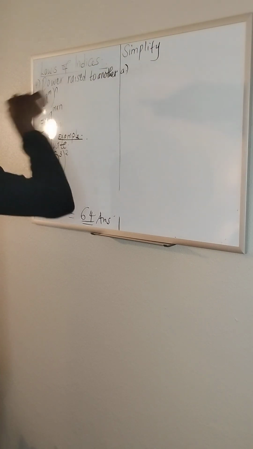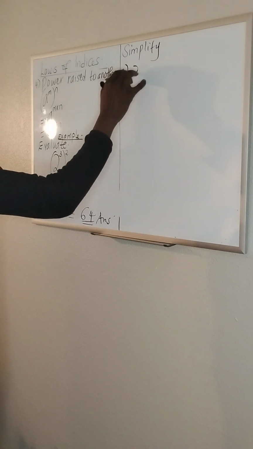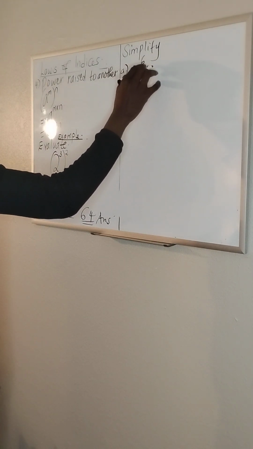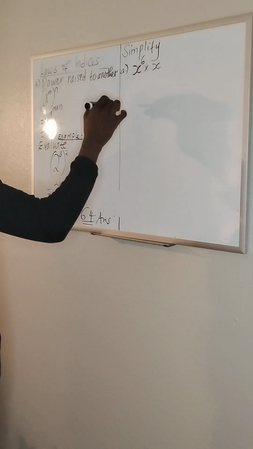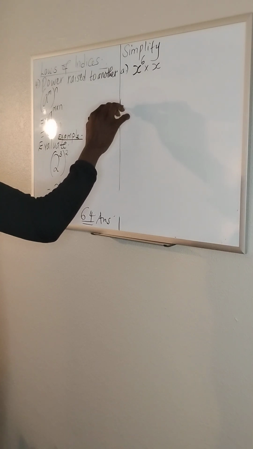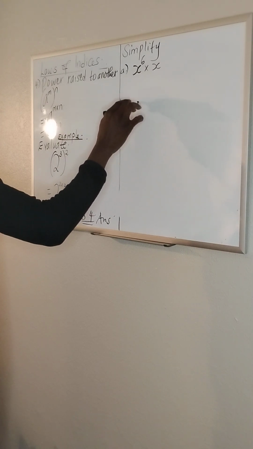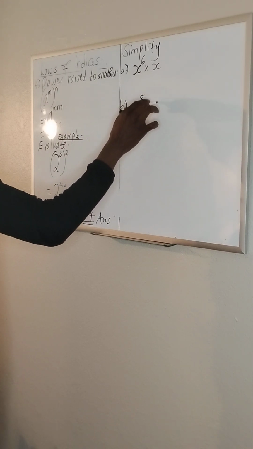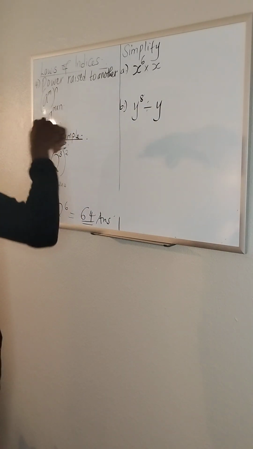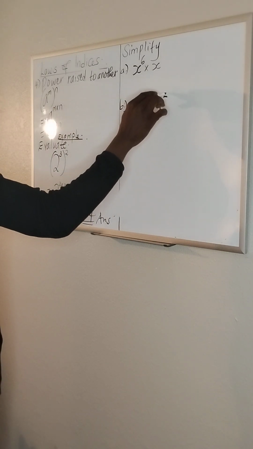The first question, A: x raised to the power of 6, I am multiplying it by x raised to the power of... without a power. B, let me say y raised to the power of 8, I am dividing it by y raised to the power of 4.